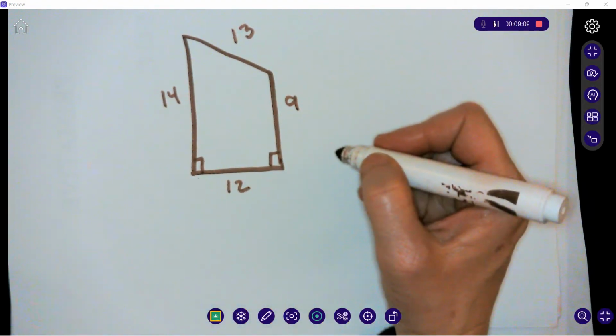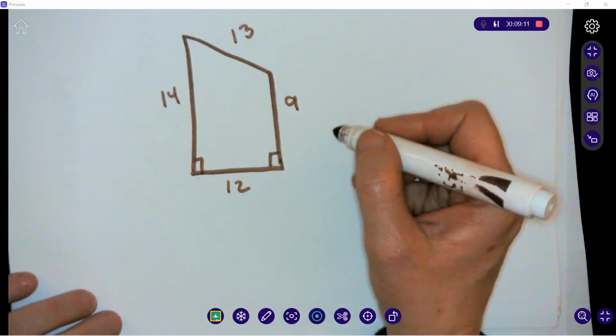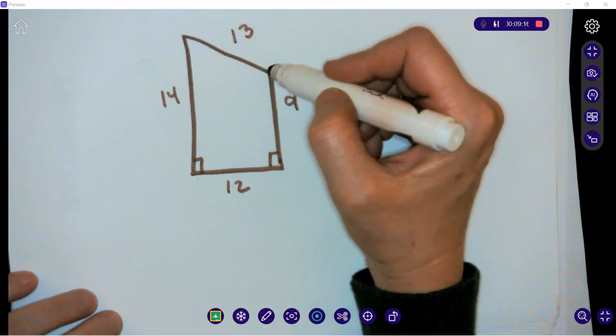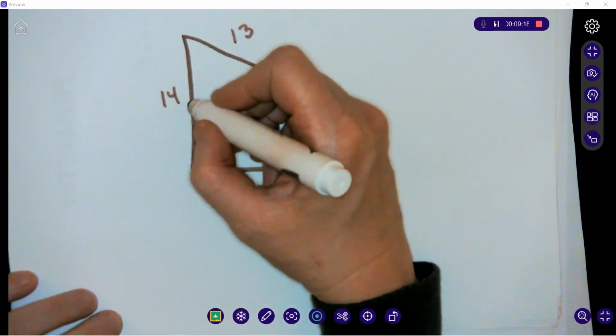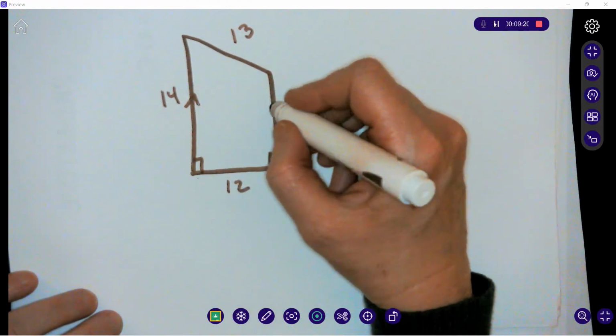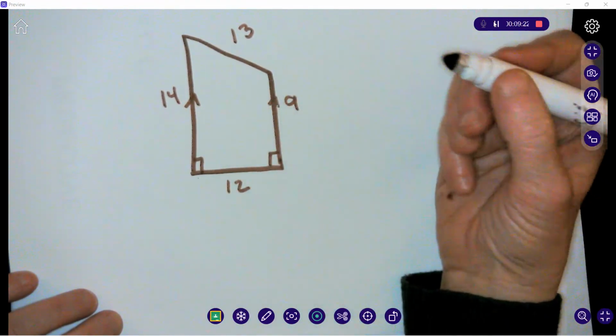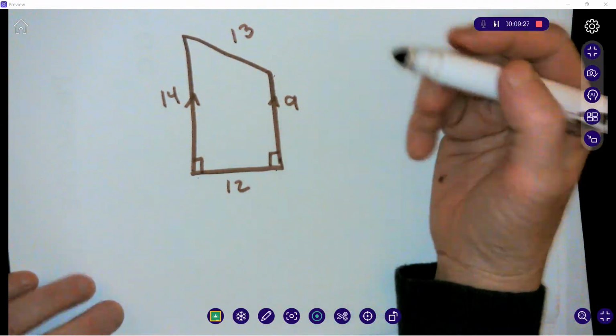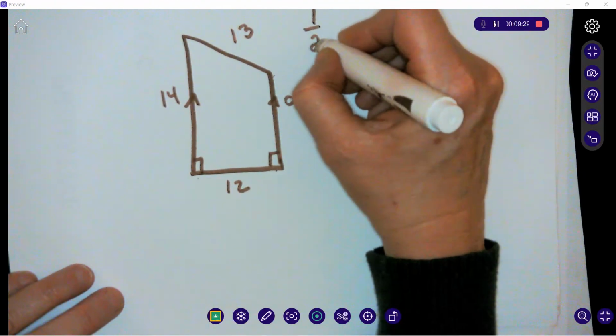Well, when you figure out the area of this trapezoid, you have to keep in mind that the bases are not necessarily the ones that are here and here. The bases are always the ones that are parallel to each other. So in this trapezoid, these are the bases because those are the parallel sides. So you need to use those for your bases.